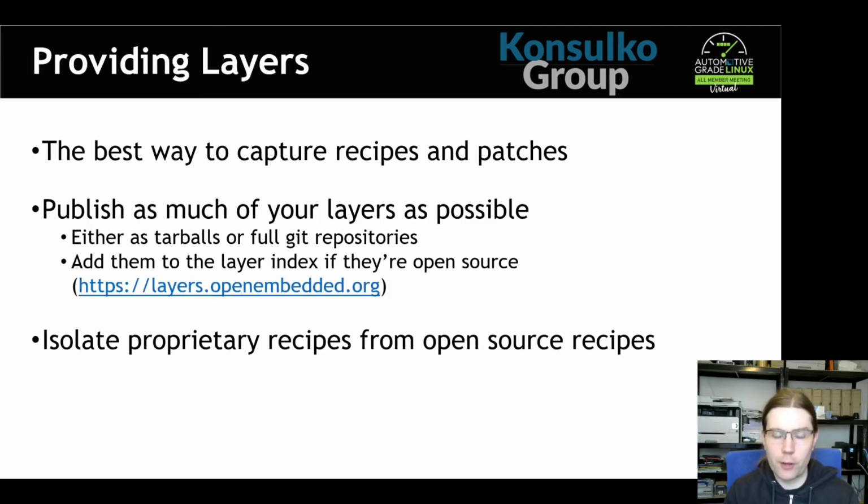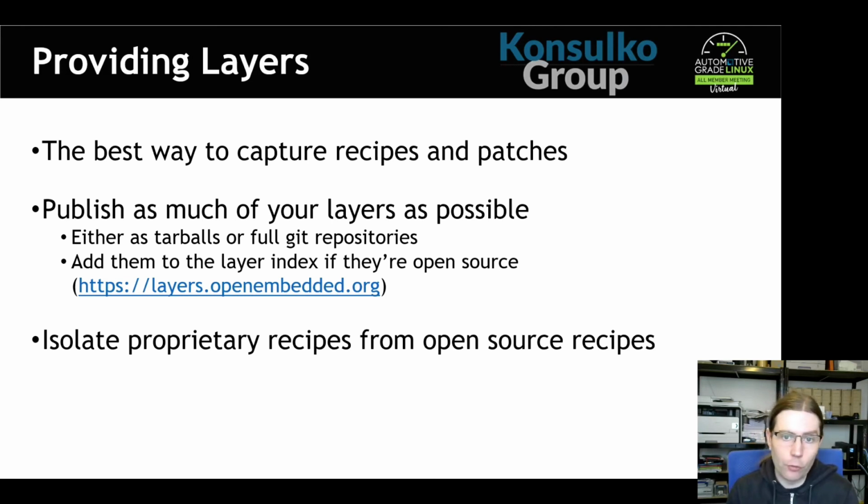So when it comes to providing the build scripts and patches alongside your sources, I think the best way to achieve this really is to provide the Yocto Project layers that are used to build your image. Publishing these either as tarballs or preferably as Git repositories is a great way to do this.